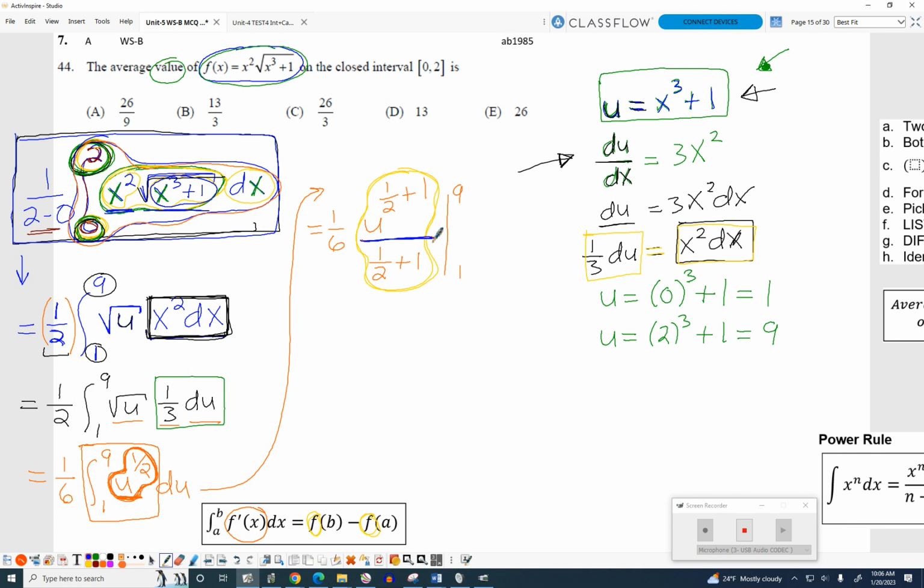So the bottom is 3/2. Dividing by 3 over 2 is the same as multiplying by 2 over 3. So this is the same as 1/6 multiplied by 2 over 3, u to the 3/2, evaluated at 1 and 9.